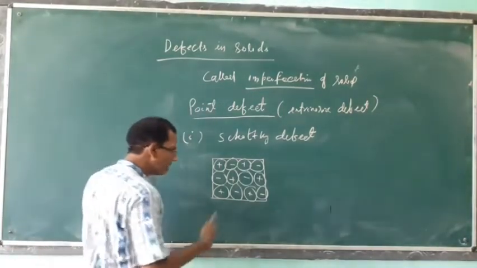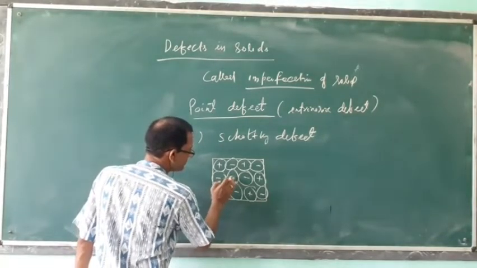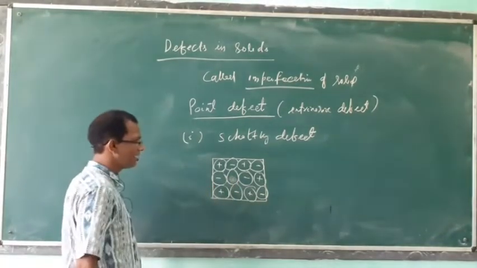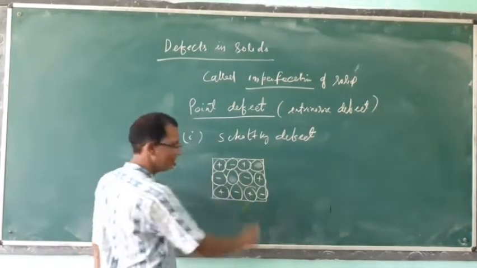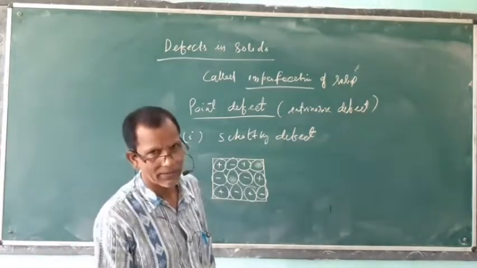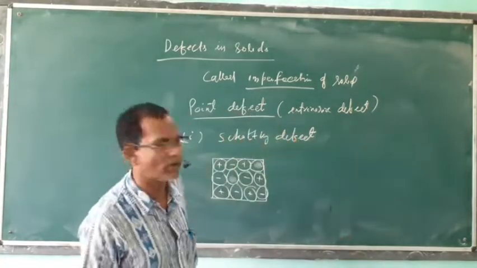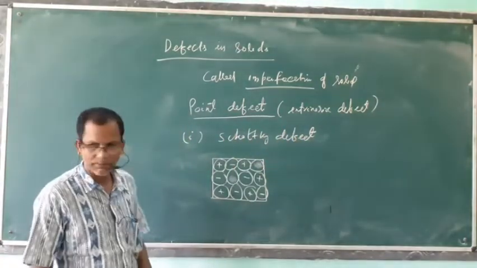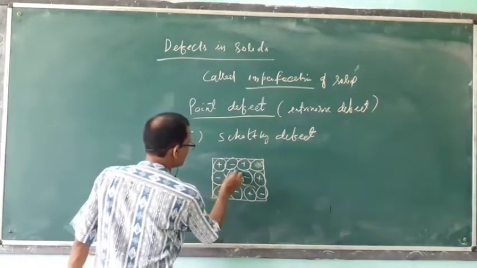But if you remove one positive ion here, a cation, and one negative ion here, that means the same number of cations and anions are missing from the lattice point.